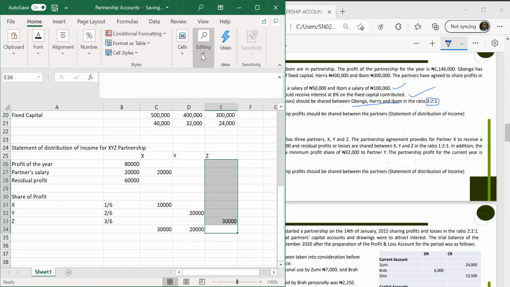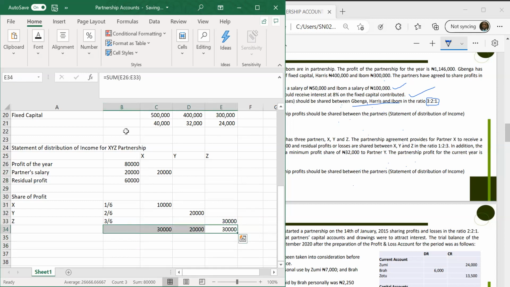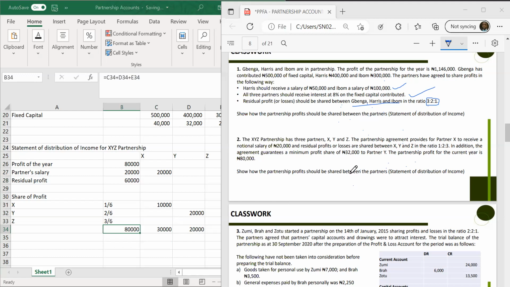By the time we add everything together, you can see that this sums up to 80,000. Just to show that we are working in the right path. But let's go back to the question.